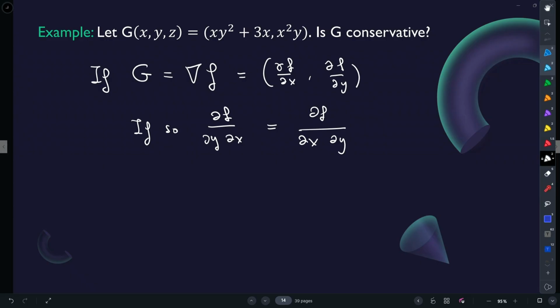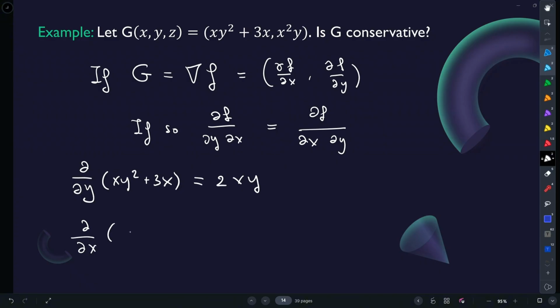So take x y squared plus 3x, which is the first component, and hit it with partial with respect to y, and you get 2xy. You take the second component and you hit it with respect to x, and what you get is 2xy.